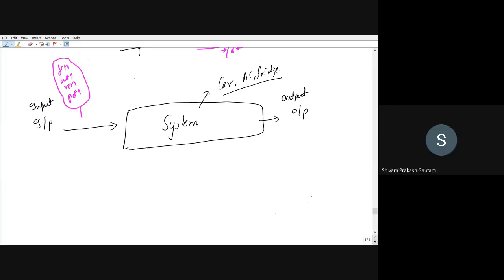Okay, so I was talking about why we are discussing these signals. We are discussing these signals because if you develop any system, in order to test that system, in real life many situations may arise. Like if you have a bike, that bike can have a maximum speed limit of, let us say, 120 kilometers per hour.